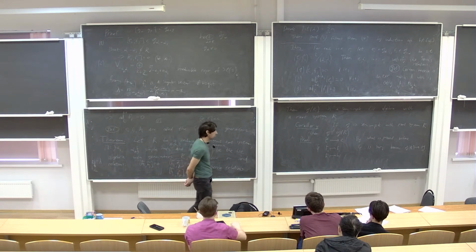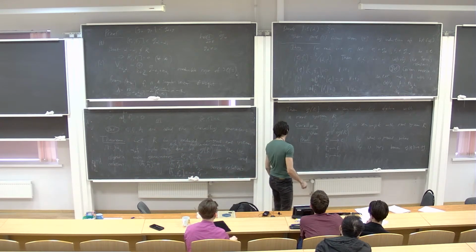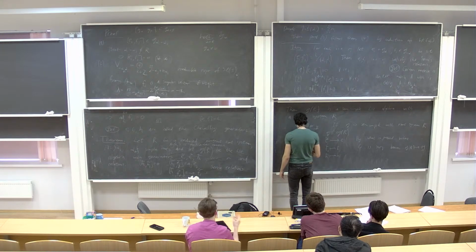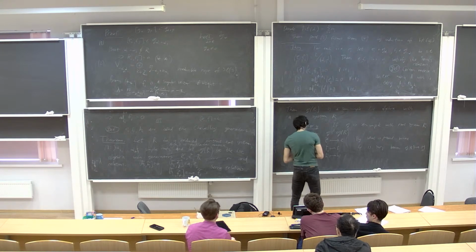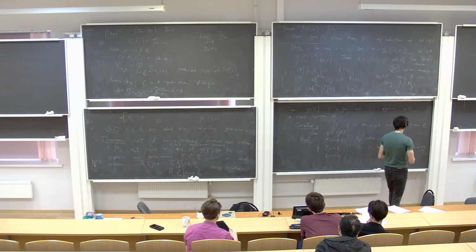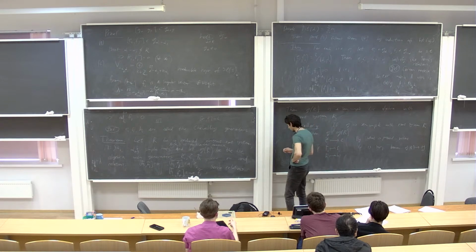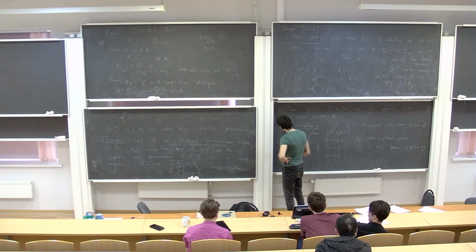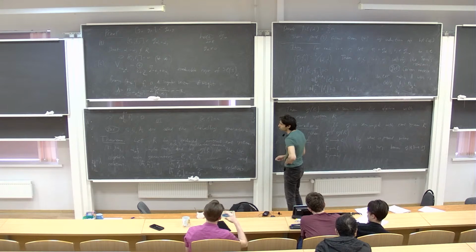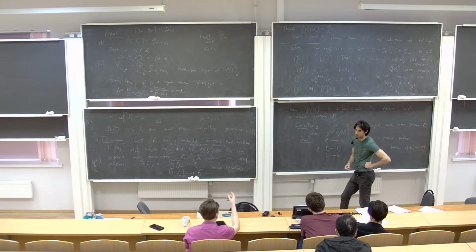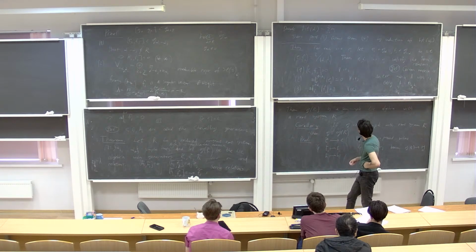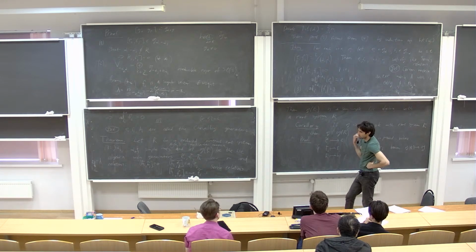So suppose you have G of R and G tilde of R, constructed from R. What uniqueness do we want?